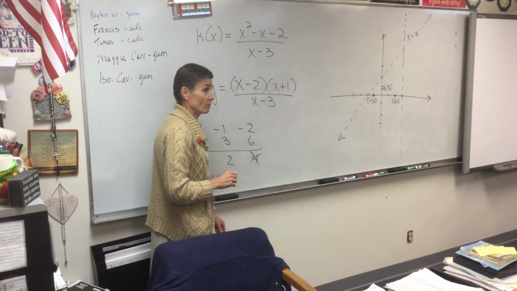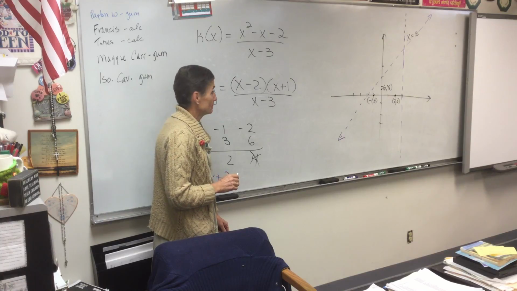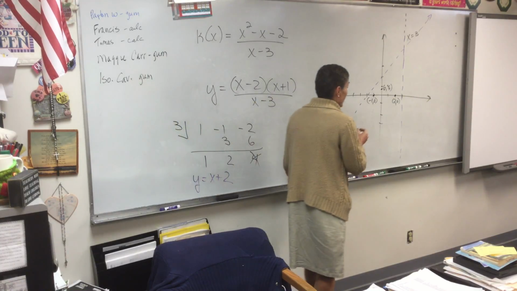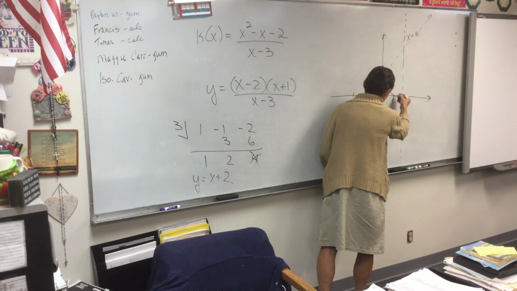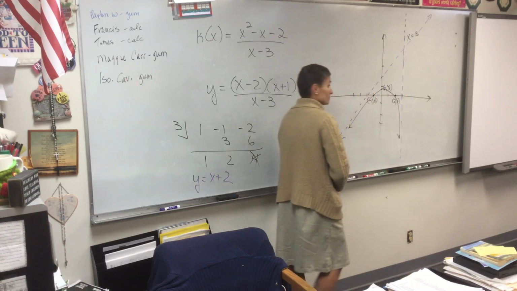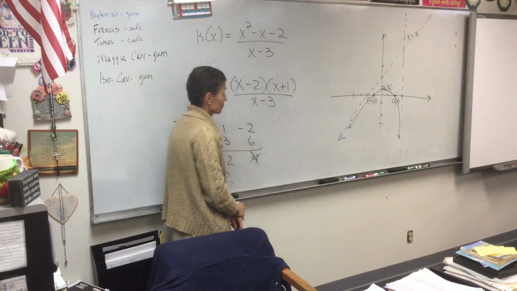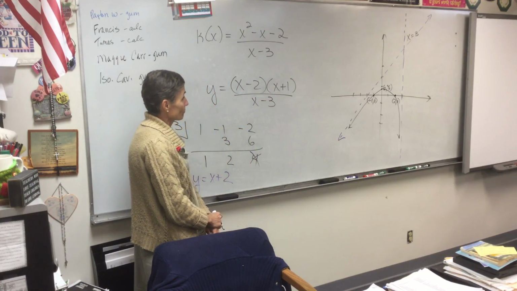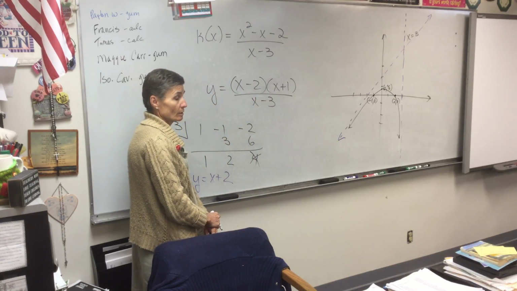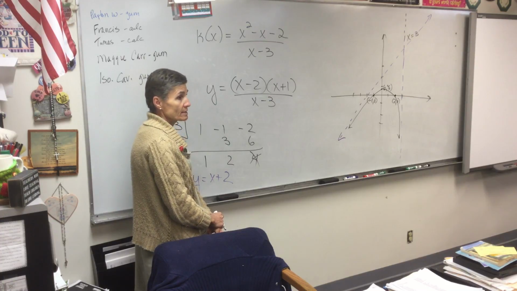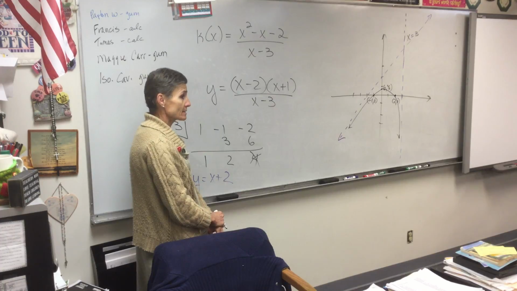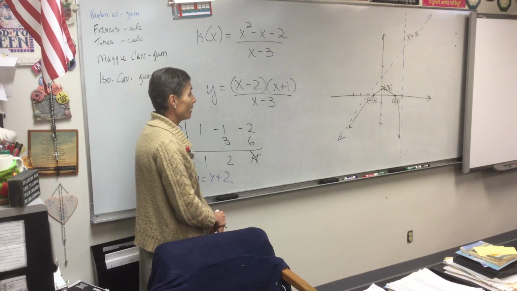Well, you know what one part of the graph looks like. Look at all that information you have. Doesn't it make sense that it would look like that? I don't have any points anywhere else, so I'm either going to plot some or I'm going to use my common sense.